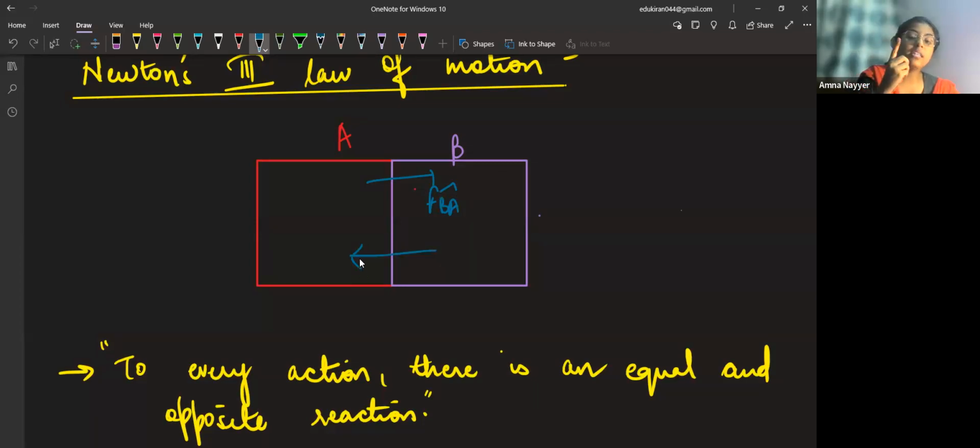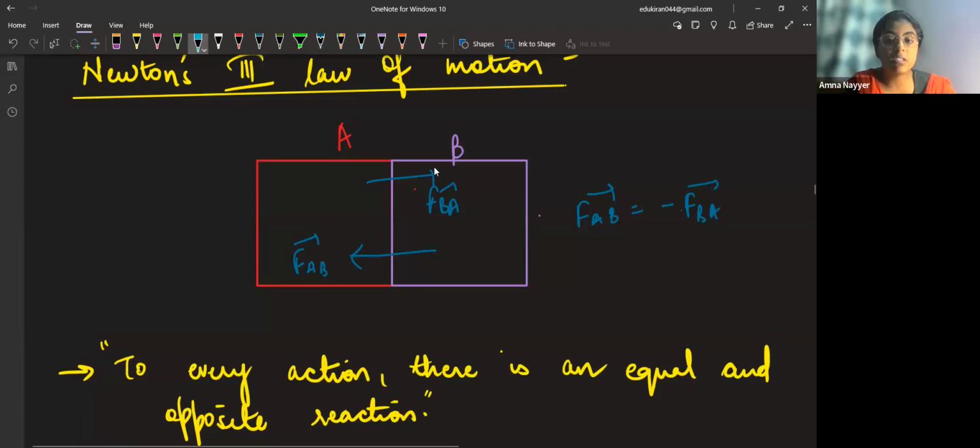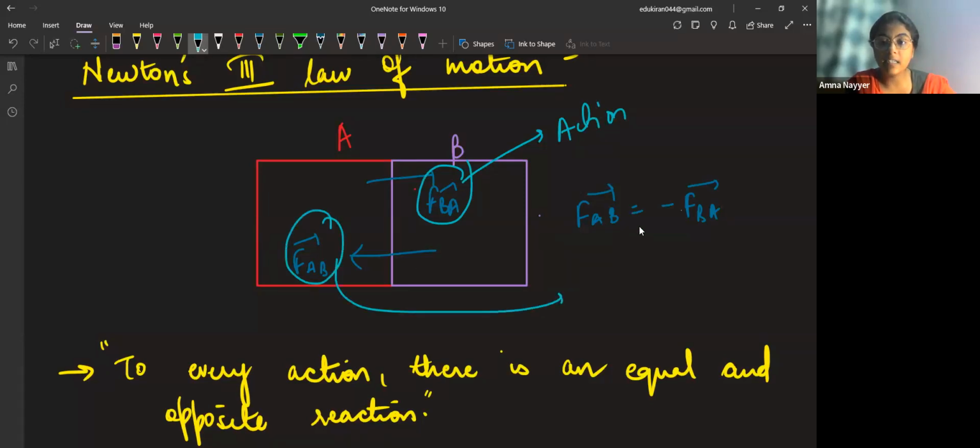Accordingly, with the same magnitude, FAB will be applied, force on A because of B. It means you can say that force on A because of B is the negative of force on B because of A. This is Newton's law. For every action, there is an equal and opposite reaction. Equal and opposite. The negative sign is telling you the opposite direction.